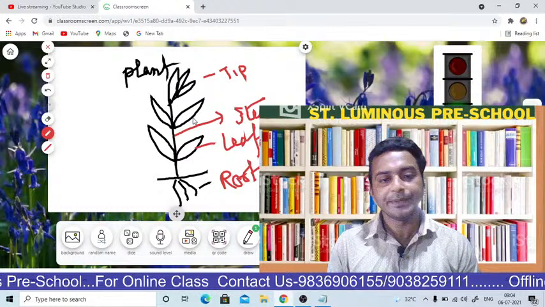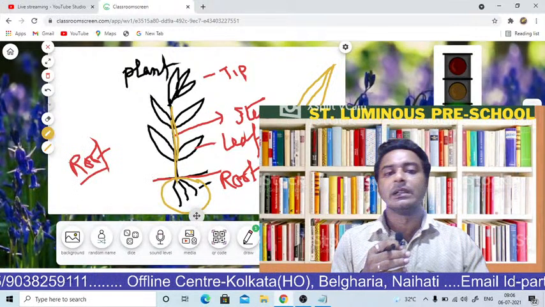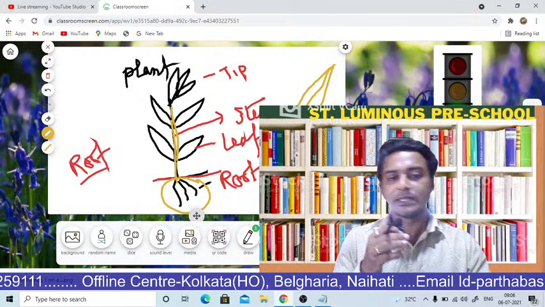Actually, the leaf is the photosynthetic organ of the plant body, and photosynthesis generally occurs in the leaf.